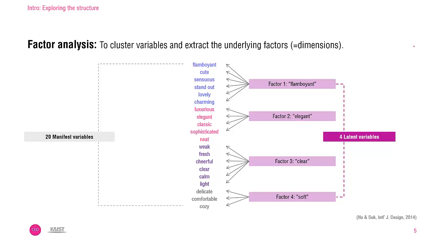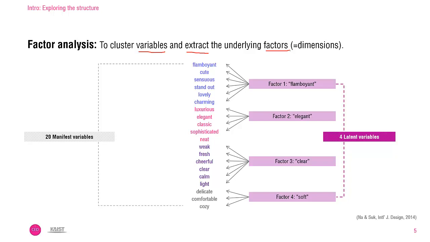First, the vector analysis. The vector analysis clusters variables and extracts the underlying factors. One factor is equivalent to one dimension. So in research, when factor is mentioned, it is often automatically associated with dimension, a concept of dimension.